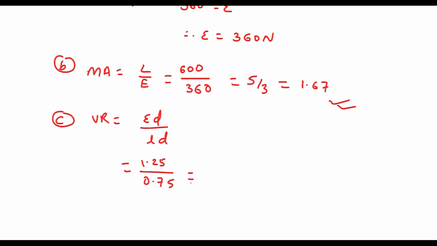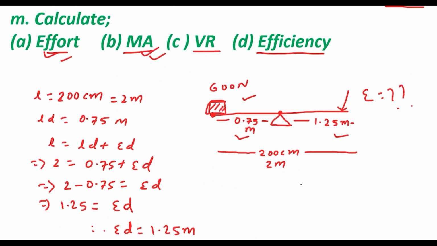When we divide 1.25 by 0.75, it becomes 5 by 3, or we can also write 1.67. This is the required VR, velocity ratio. Again, in D, we have to find the efficiency.